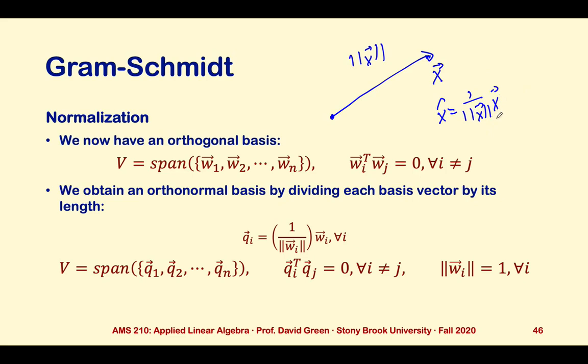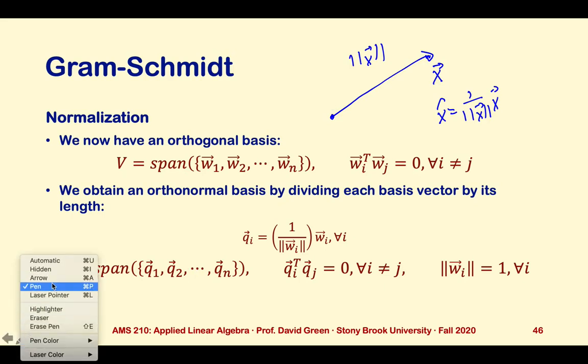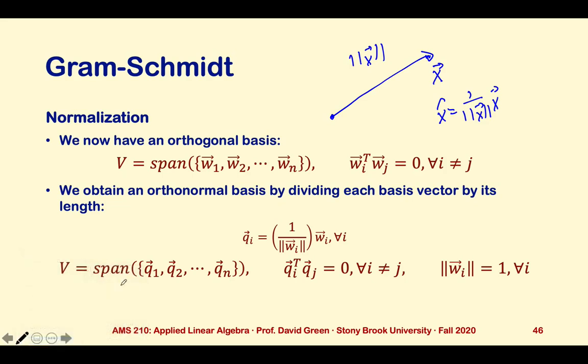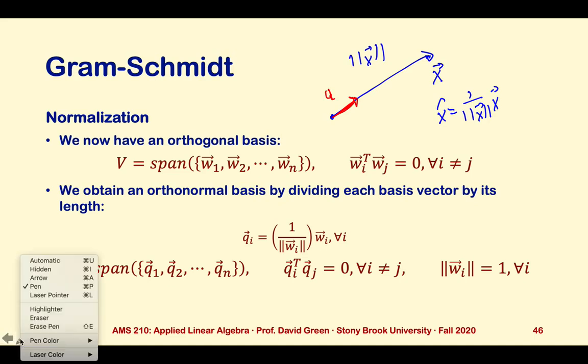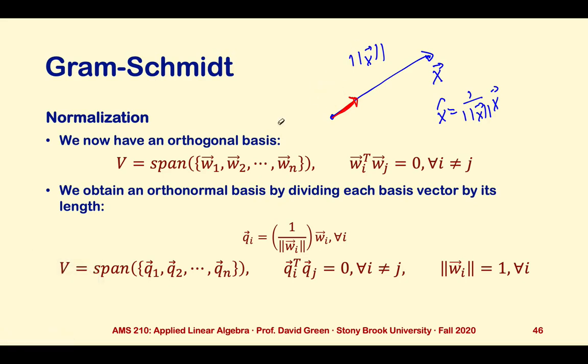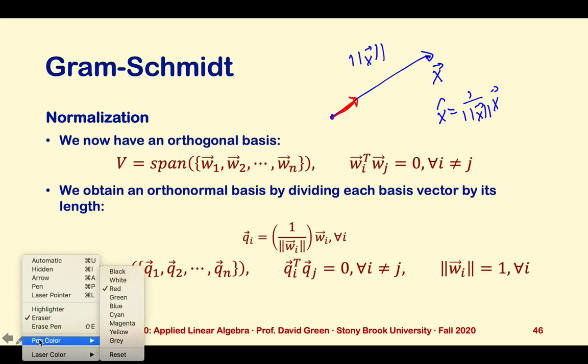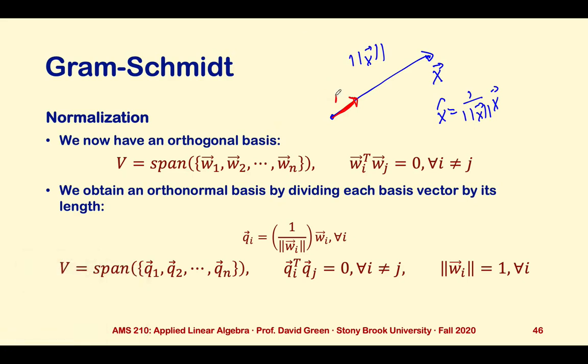Well, it's a vector that's in the same direction as x, but it is 1 over the length times shorter. That is going to be a vector that is in exactly the same direction as x, but has a length of 1. So this will have length 1.